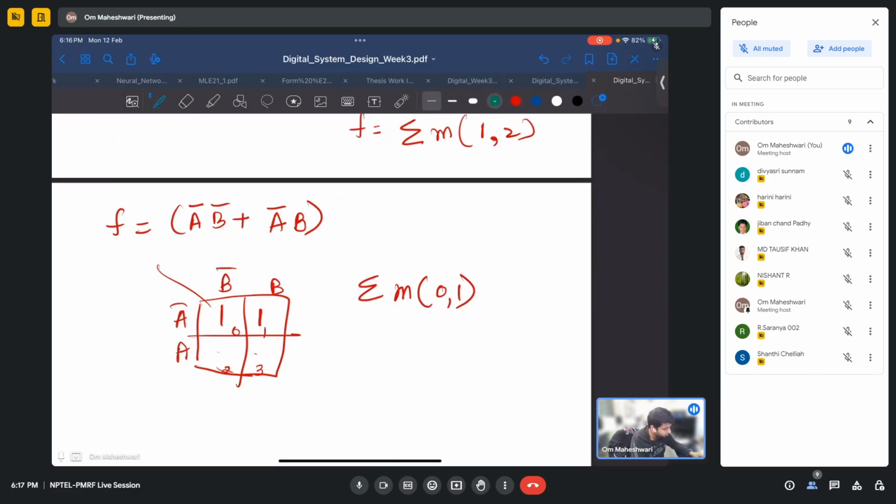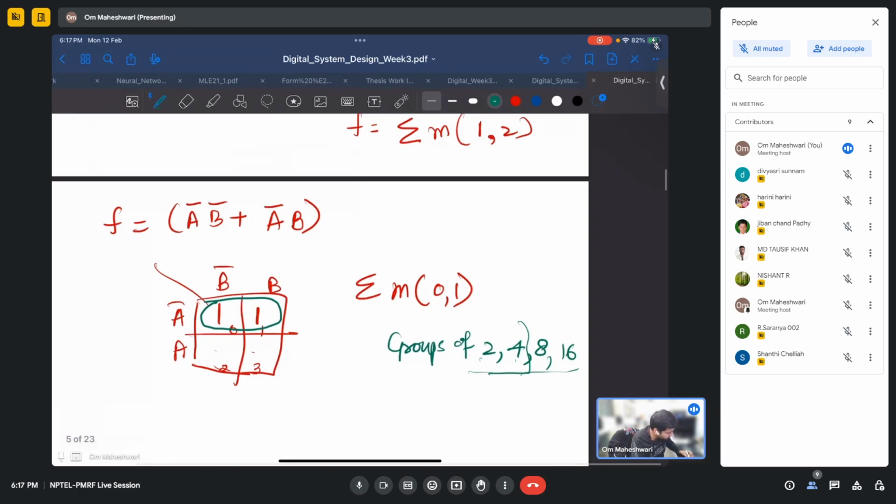And how do you minimize it now? To minimize, you form groups of 2, 4, 8, 16, or all multiples of 2. You form such groups to minimize. So in a 4 variable K-map, the maximum member groups you can form are 2 and 4 only. So here this is the two member group.